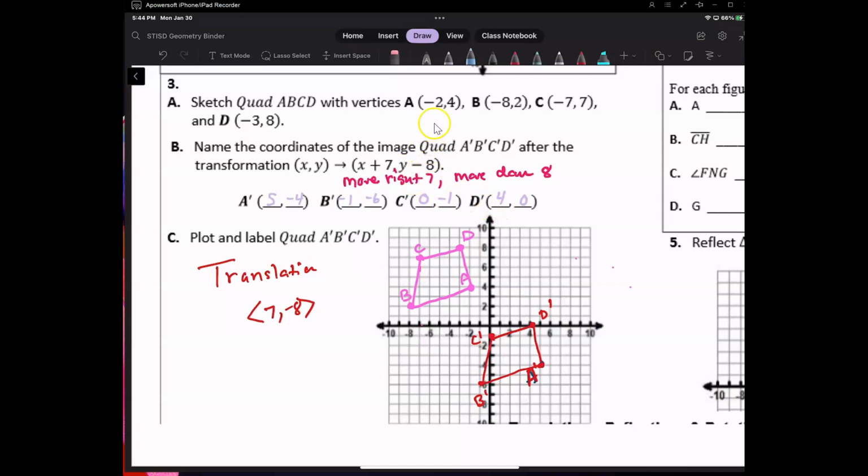Minus 8, so we have 4 minus 8 gives you negative 4. 2 minus 8 gives you negative 6. 7 minus 8 gives you negative 1. And 8 minus 8 is 0. So you notice we have A, B, C, D, and then we have this is our prime, so that tells you the change. So what is the change? It's going to go 7 units to the right and 8 units down.